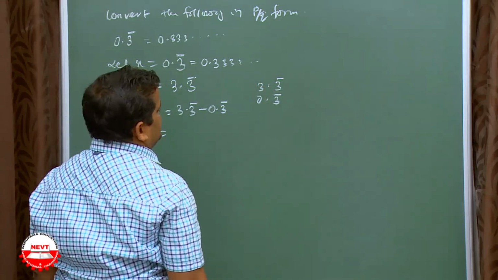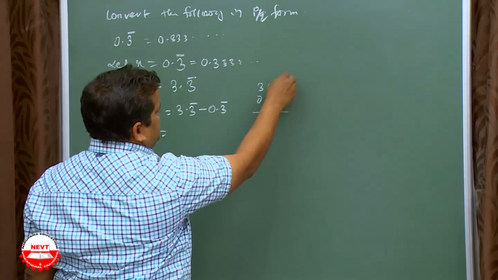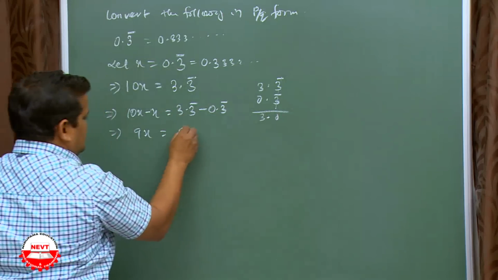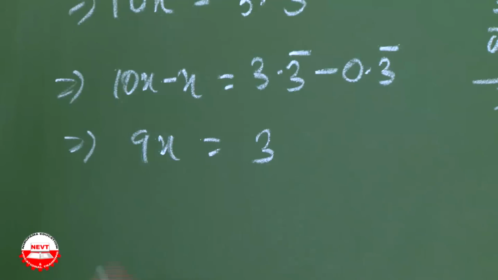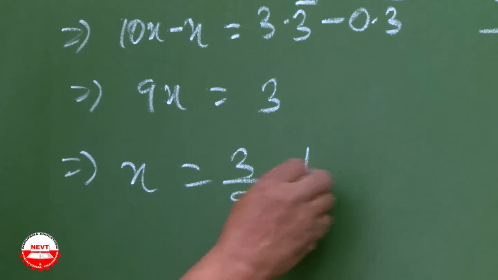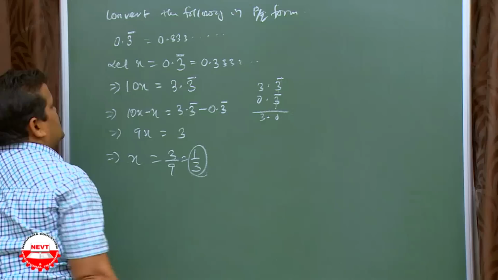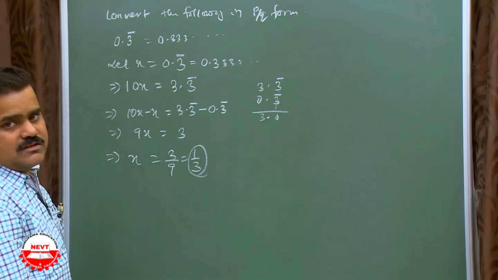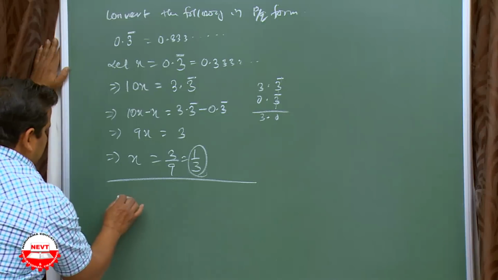If you subtract this, the 3 bar will cut, 0, and now it will be 3. So now that implies x is equal to how much? 3 by 9, which is equal to 1 by 3. So 0.3 bar is equal to 1 by 3. You understand this?